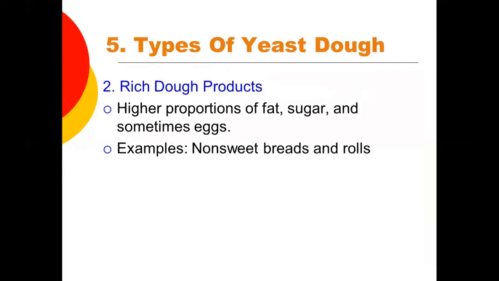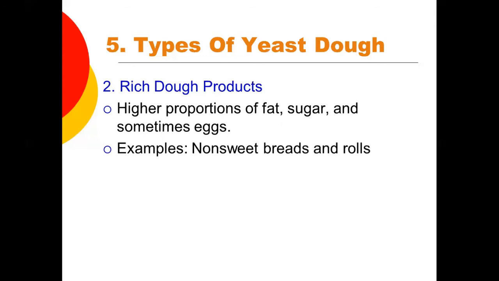The second type of yeast dough is rich doughs. In general, rich doughs are those that contain a higher proportion of fat, sugar, and sometimes eggs are added.